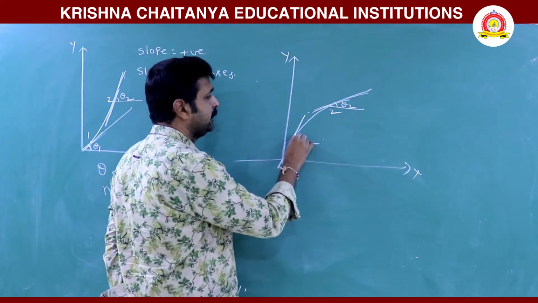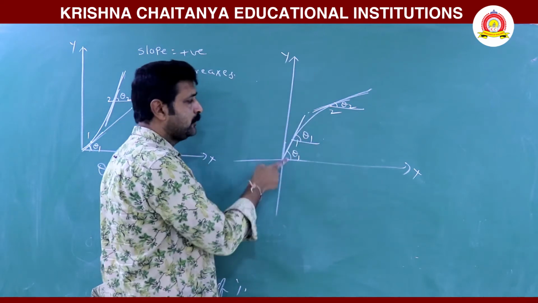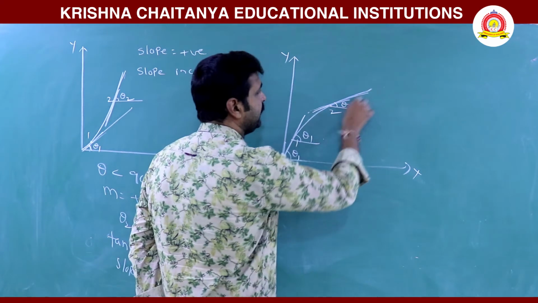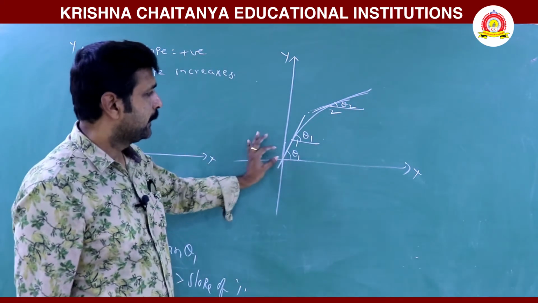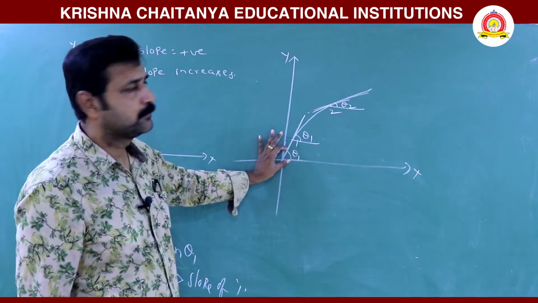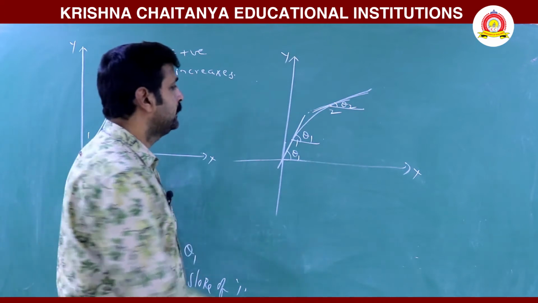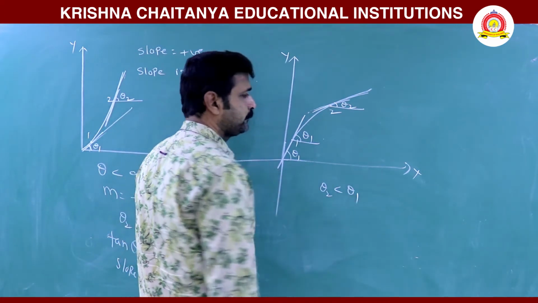Since the tangential line is a straight line, everywhere we can call it theta 1. Now if you observe, here the angle is more and here the angle is less. That means theta 2 is less than theta 1.